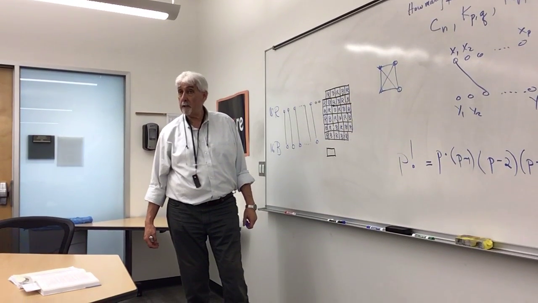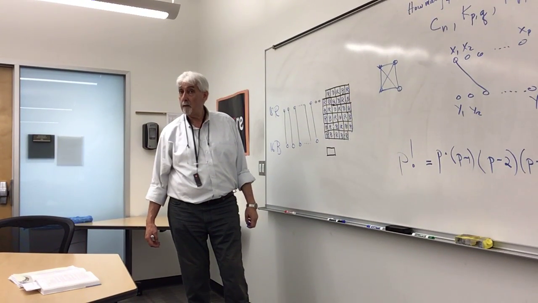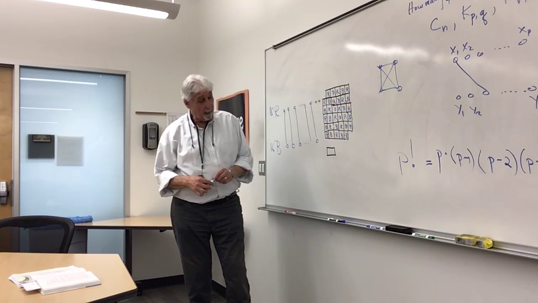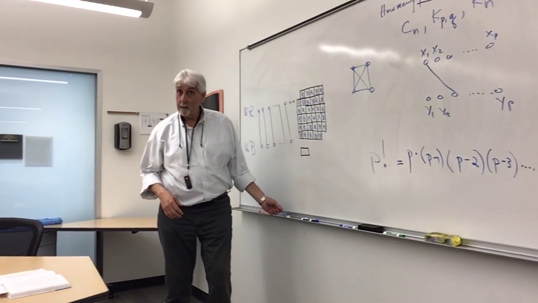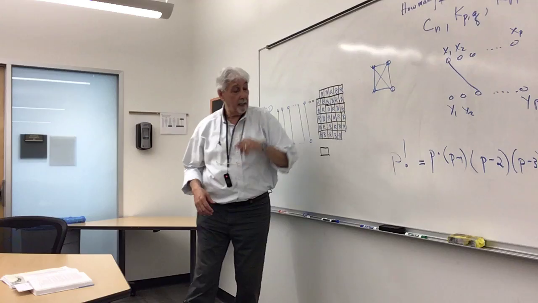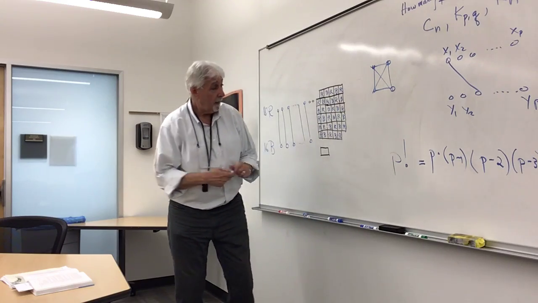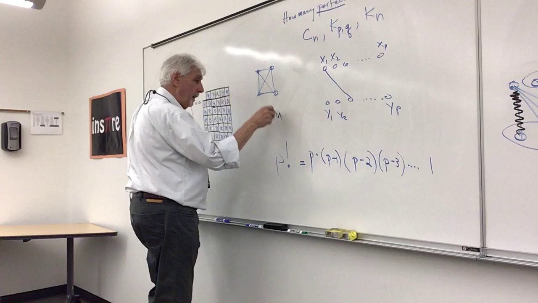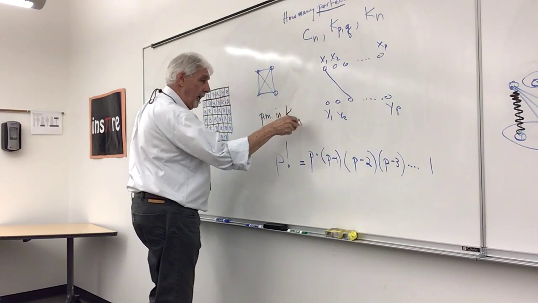K6? Okay, we'll start with that. So first of all, n must be even. How many perfect matchings are there in K_{2n}?